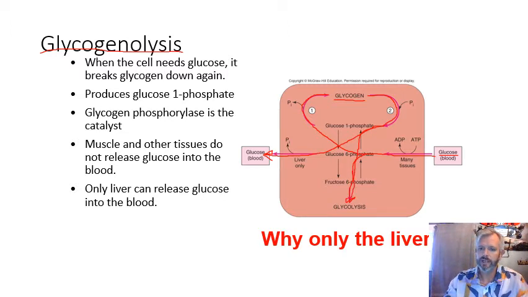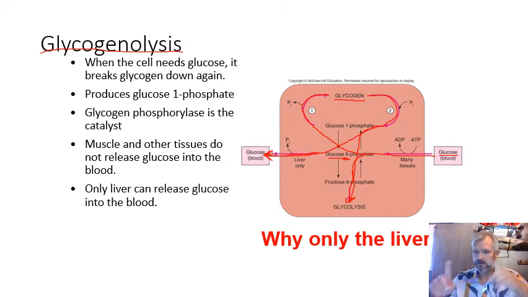The liver, on the other hand, is a giver and can break down glycogen, and because it has the enzymes to remove this phosphate, we're able to put the glucose back into the blood for other cells to use if glucose levels are low in the body.